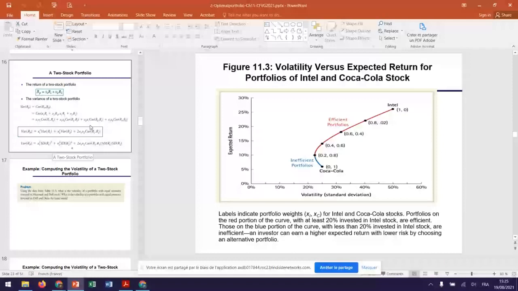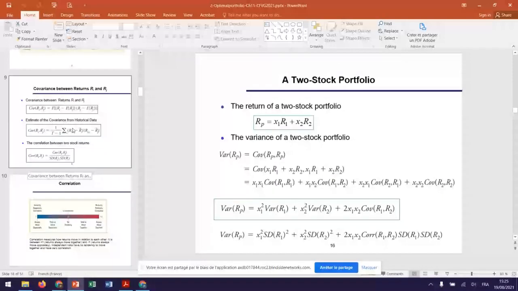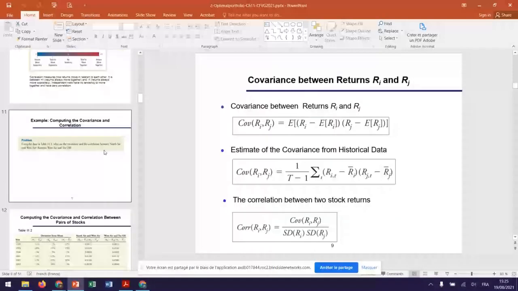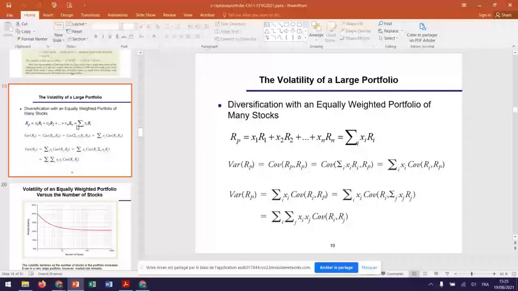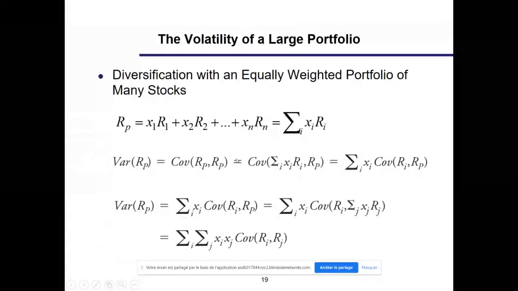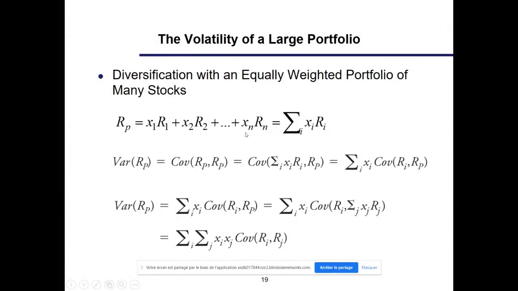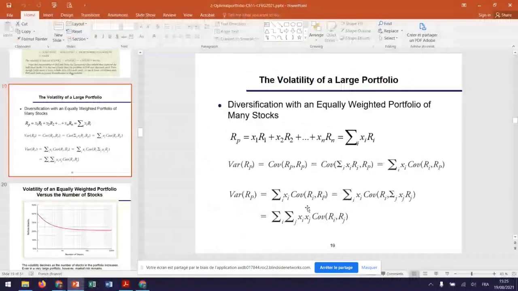Normally you should use some programming to be able to form a large portfolio. You should not do it manually. The concept is the same, and there are a lot of software tools that allow you to form the portfolio and calculate the portfolio risk and return.